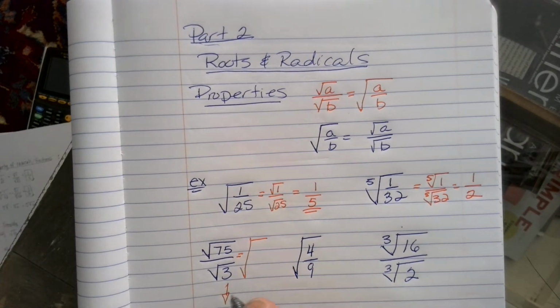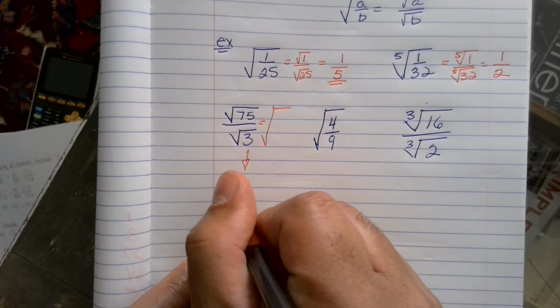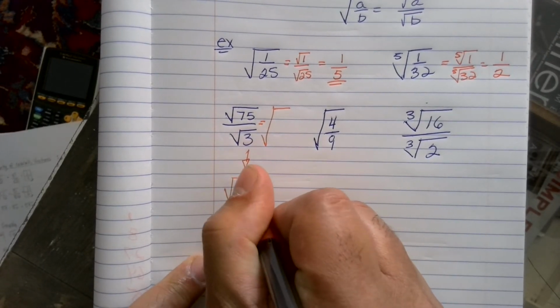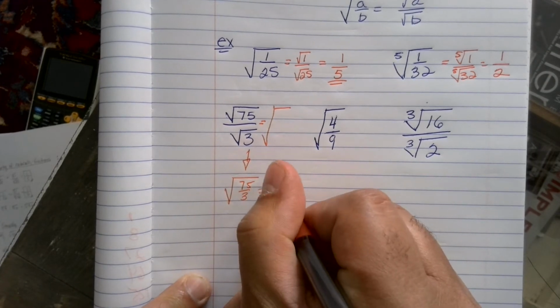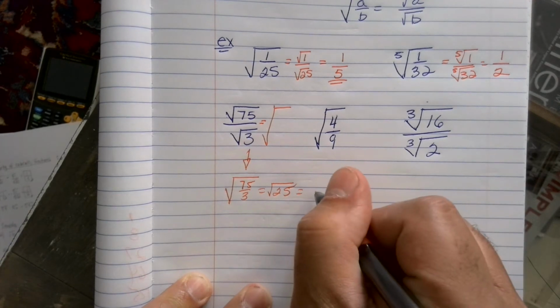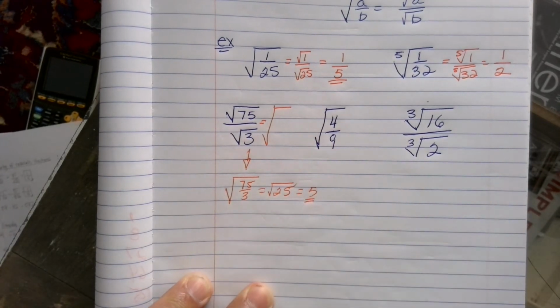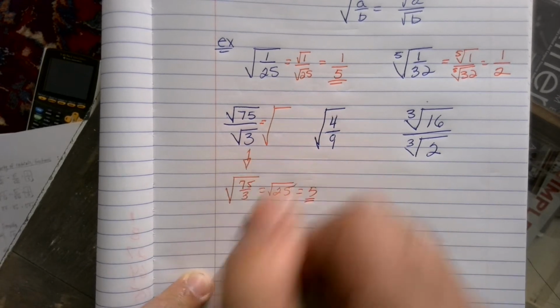Maybe I should do it down here. If I write it as a single fraction, 75 divided by 3 is 25, and the square root of 25 is 5. Right? So it'd be easier to write that.